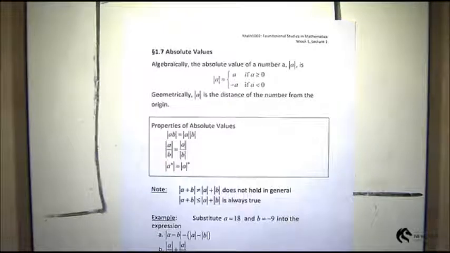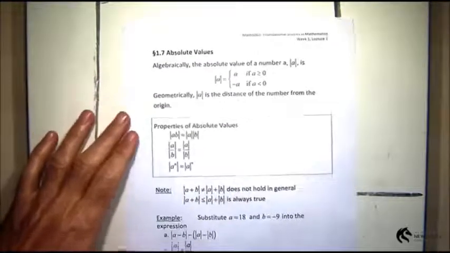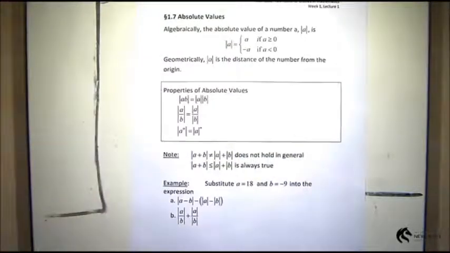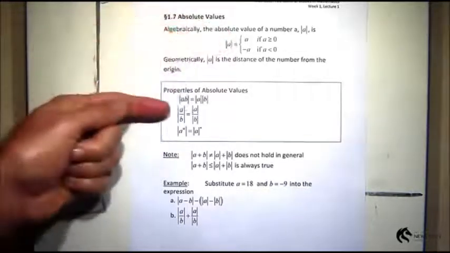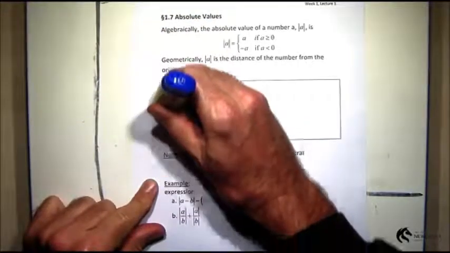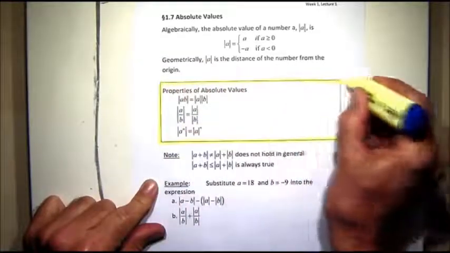Now, remember algebra is working with numbers, except we don't know specifically which number. If you have an algebraic expression involving absolute values, there are a few properties we can use. We use these properties when we're rearranging algebraic expressions.